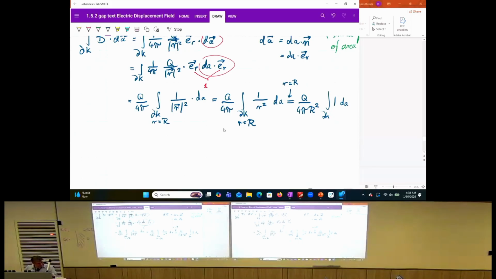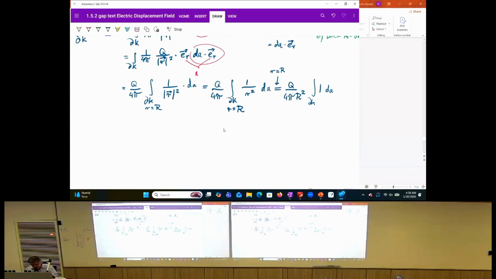In this particular example this is very simple, but actually we wanted to talk about the integration in the different coordinate systems. I will add that afterwards. So what is the integration over the surface of a sphere?